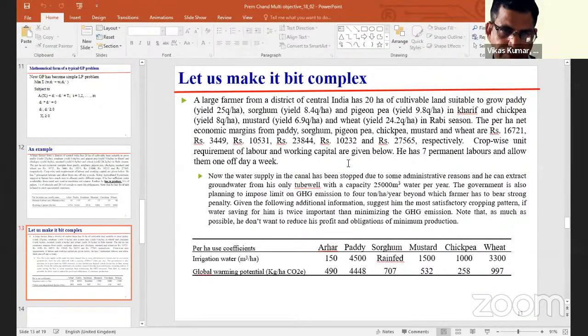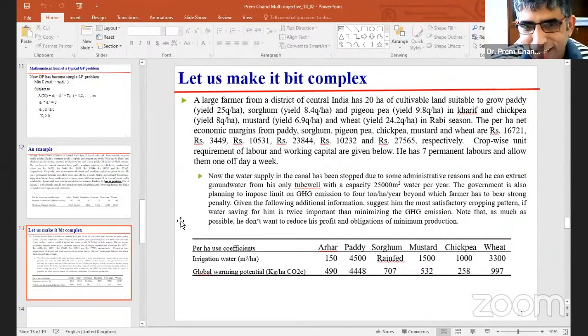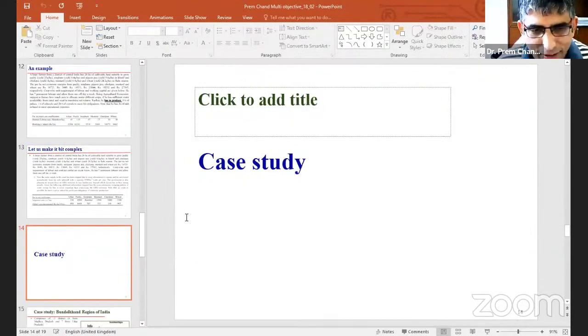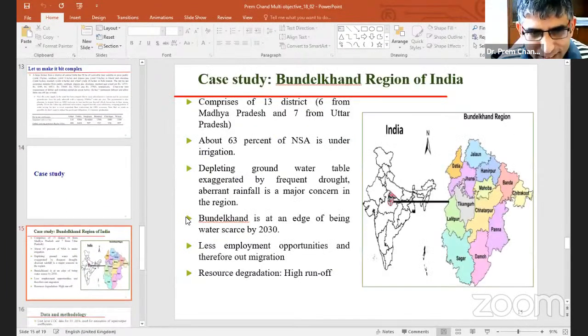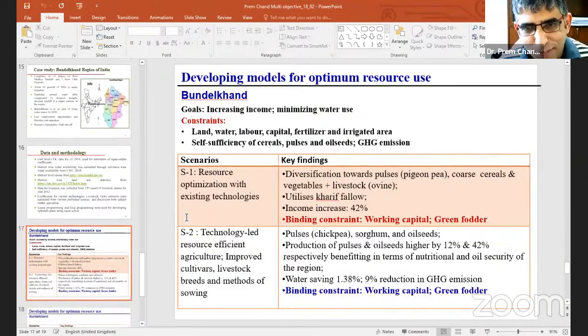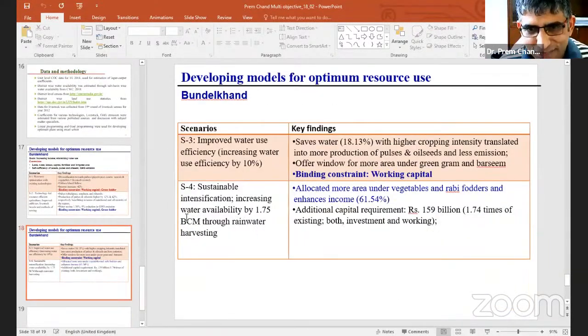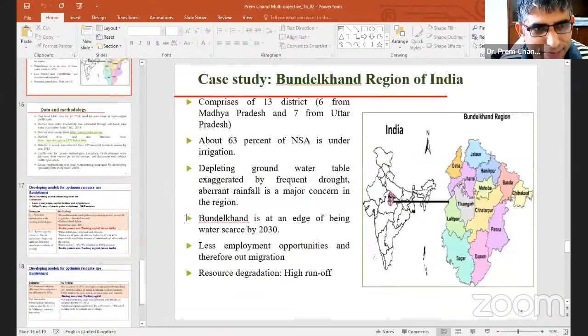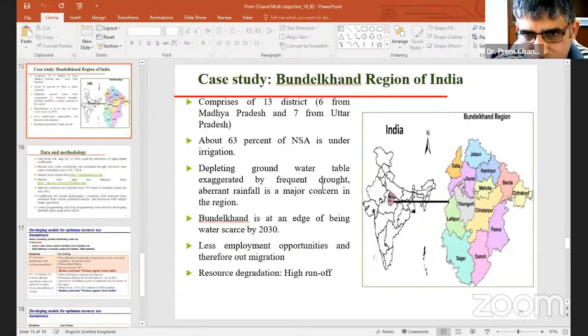So I will stop sharing. I have a few slides on my results of a practical case study of the Bundelkhand region, but I think my practical in action will be sufficient to demonstrate what I have covered so far.